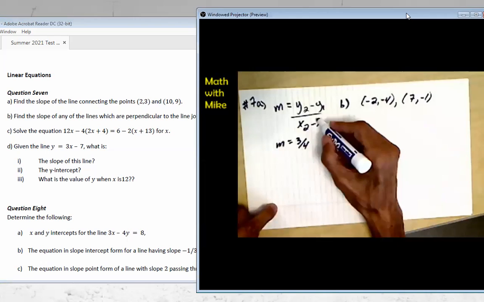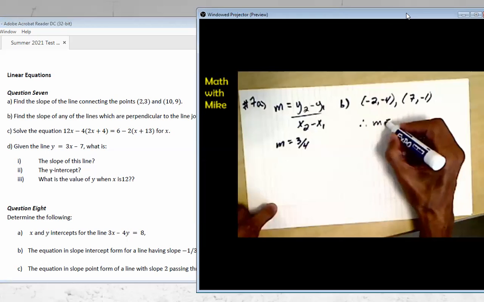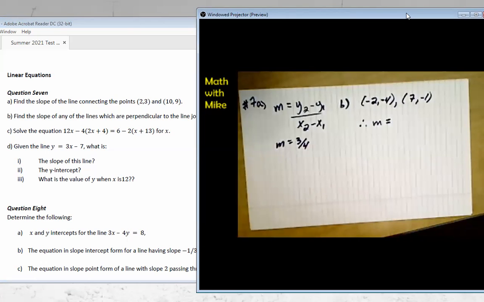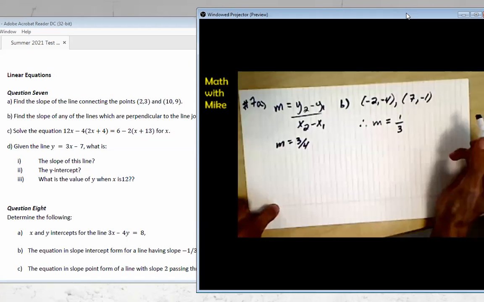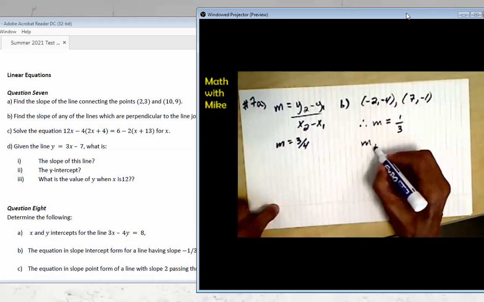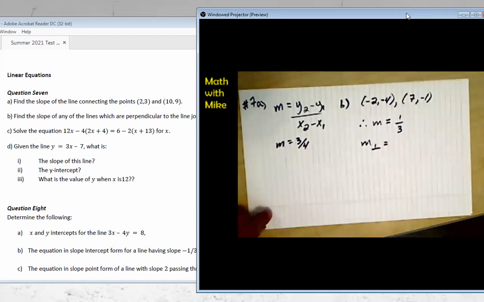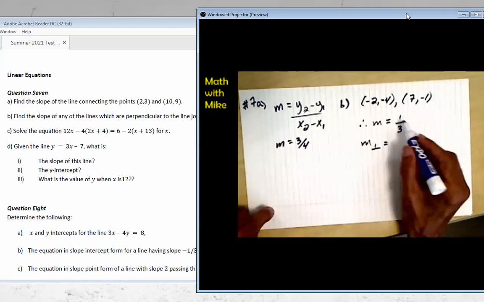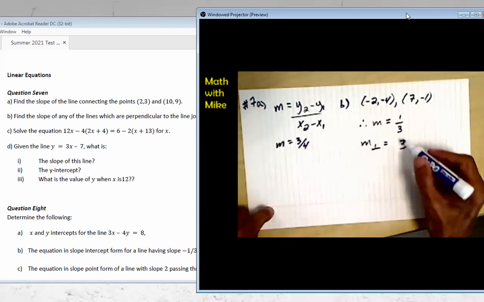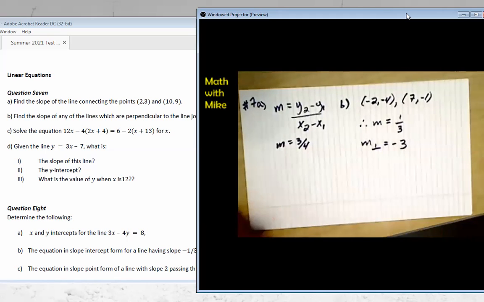Use a slope formula again. So we get the slope from these lines. That's going to be 1/3 when you work it out and reduce it. But then since we want, the question says, find the perpendicular slope, you got to flip it upside down and change the sign. So flipping this upside down turns it into a 3. And since it's positive, the perpendicular slope is now negative.